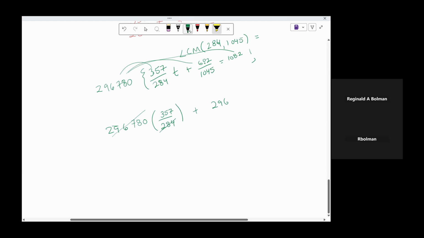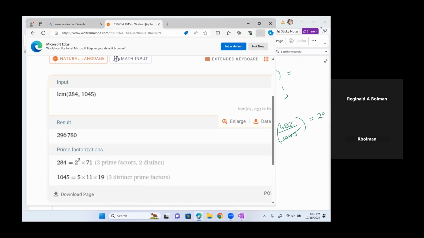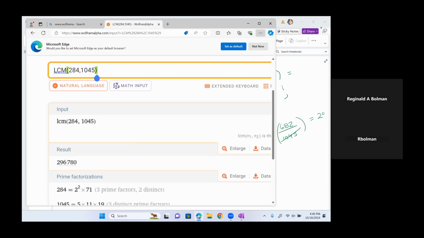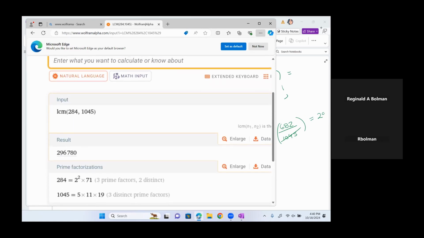And the same thing will happen here for 296,780 times 682 over 1045. Your 1045 will divide this quantity, and then you'll just be left with performing a bunch of multiplication operations. And even though that's still kind of a mess, right? It's not exactly as difficult as balancing a bunch of fractions in addition to all of this nonsense.